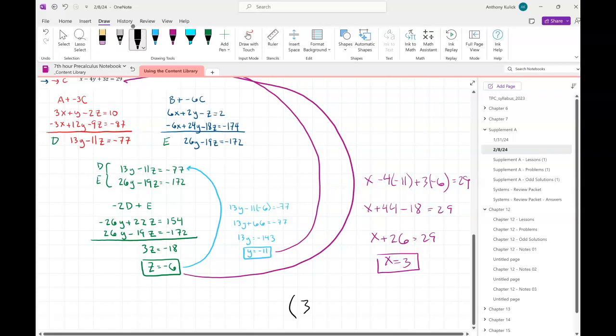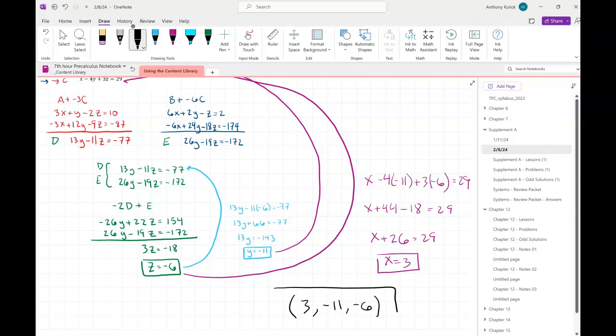So my final answer should be 3, negative 11, negative 6.